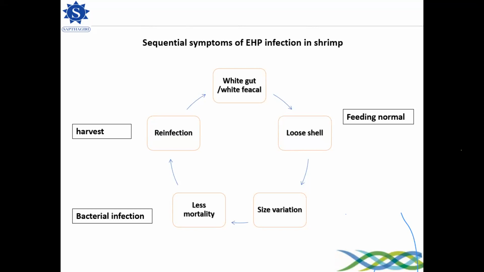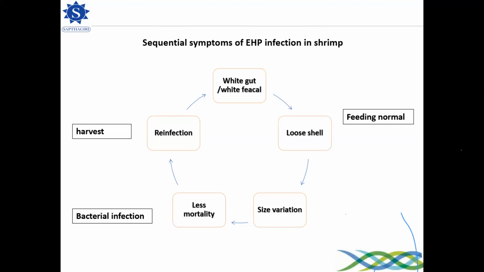After the white fecal diminishes, the animal moves to loose cell because of improper digestion and absorption of nutrients by the damaged hepatopancreas. As the hepatopancreas regenerates, the shrimp may recover from loose cell, but during that time, permanent stunting or growth retardation will occur that leads to size variation.